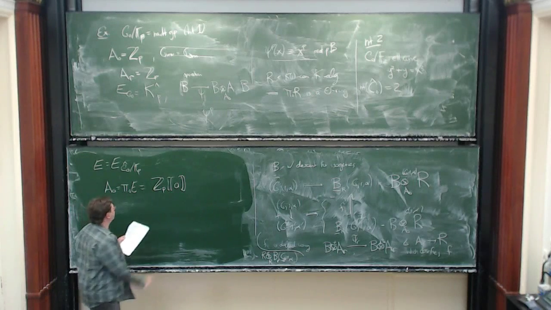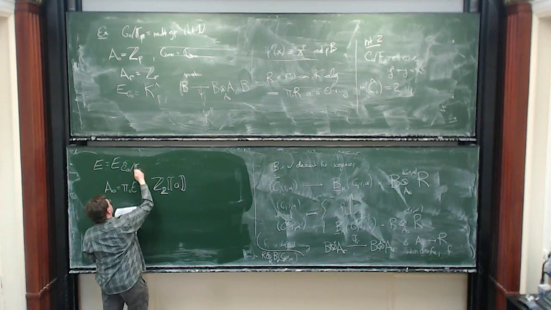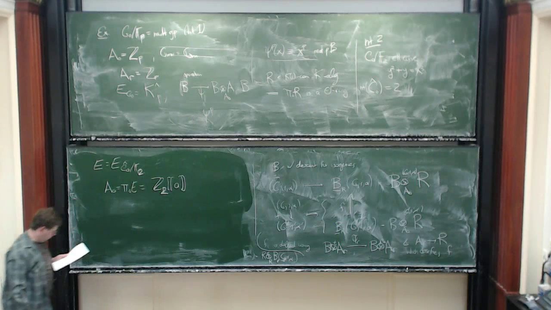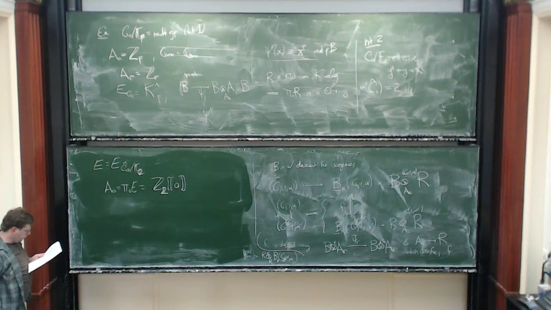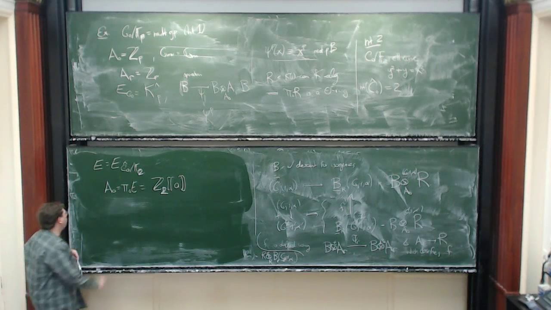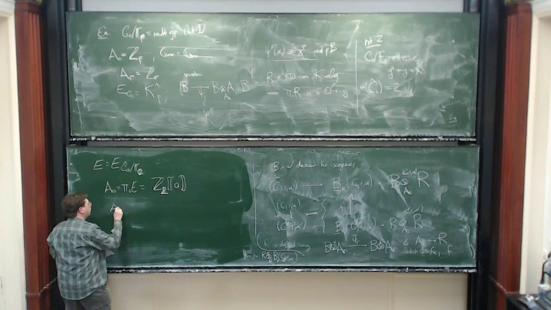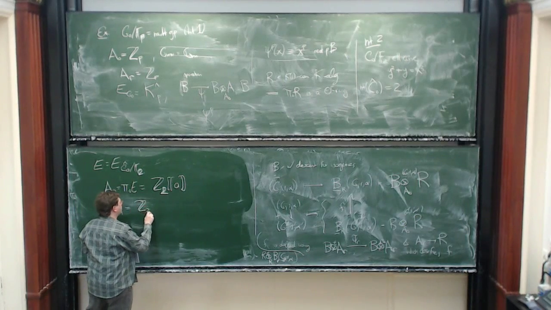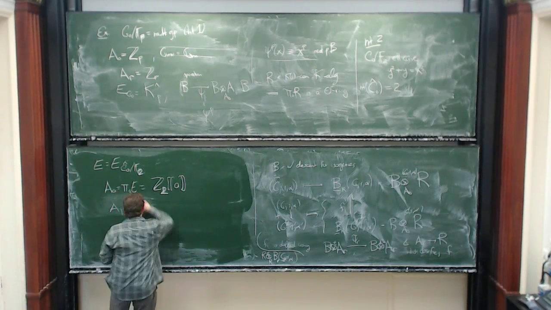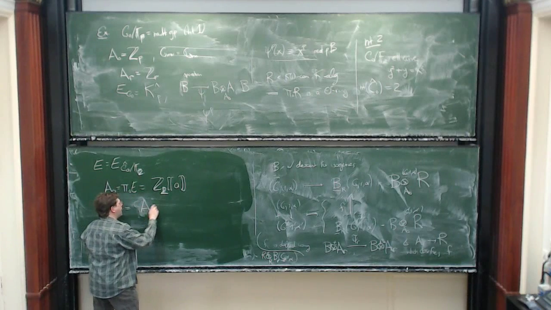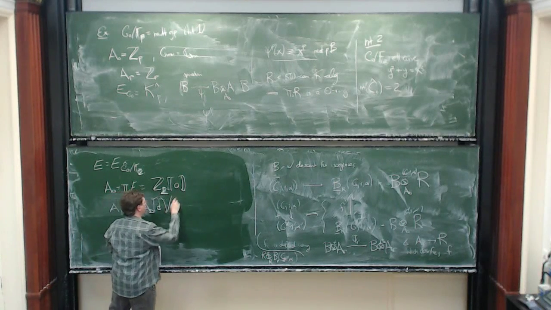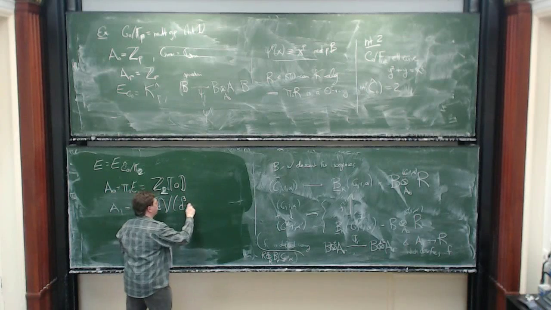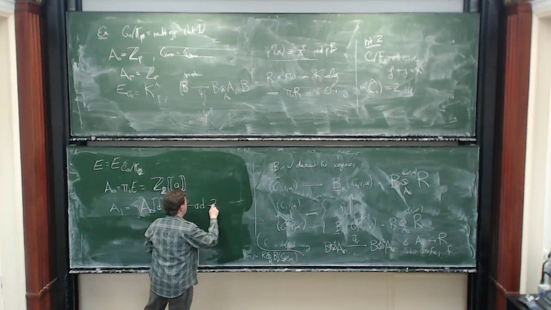Here p is 2. I'll tell you what A1 is. A1 is A0 adjoin a new variable called d, divided by the relation d cubed minus a d minus 2.